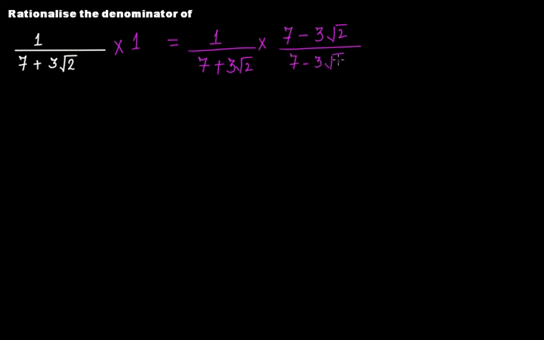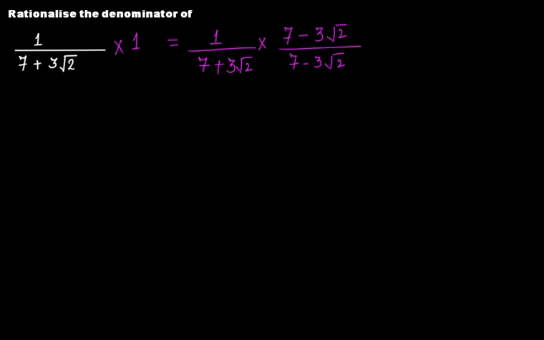This is 1 divided by 7 plus 3 root 2. Okay, multiply it by 1, and this is 1 over 7 plus 3 root 2, multiplied by 7 minus 3 root 2 divided by 7 minus 3 root 2.